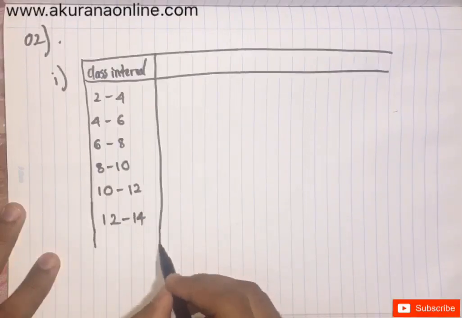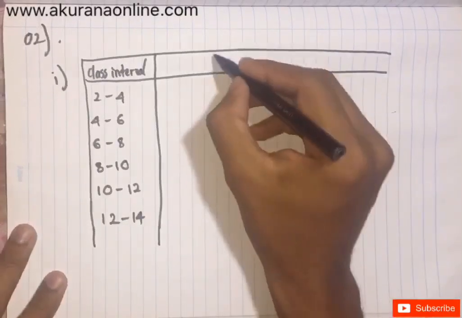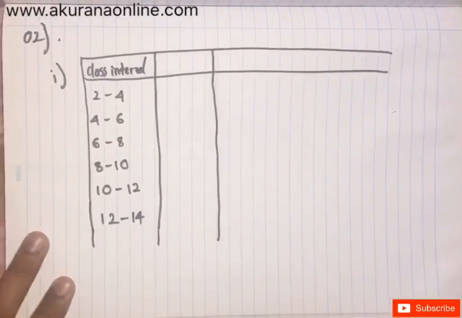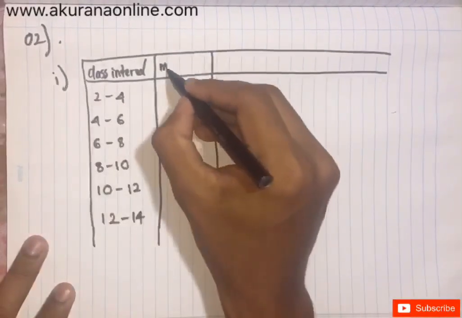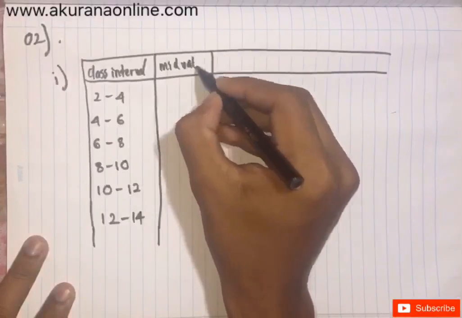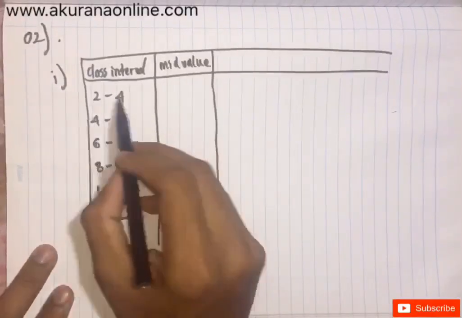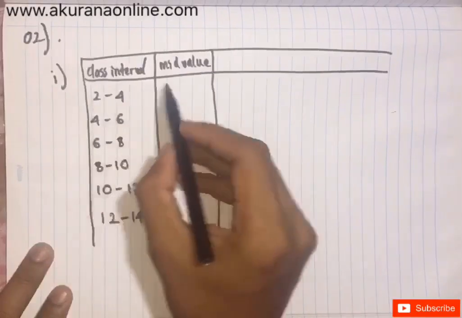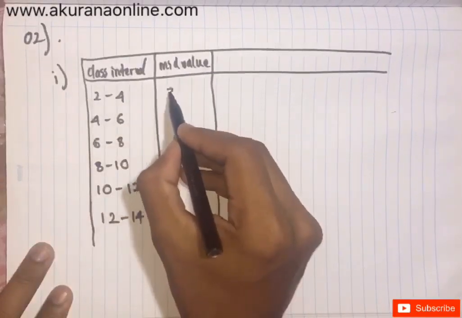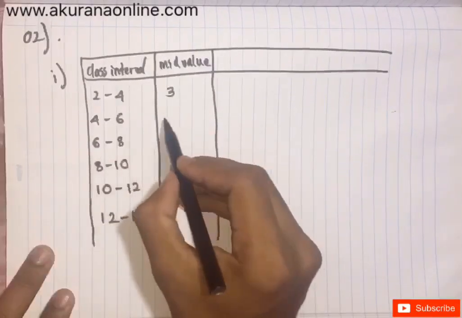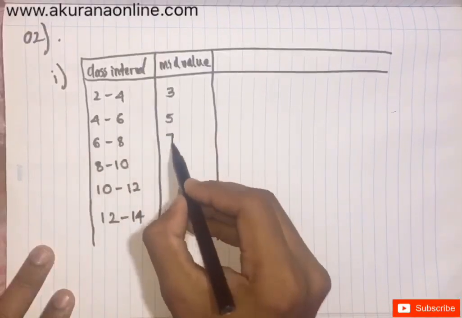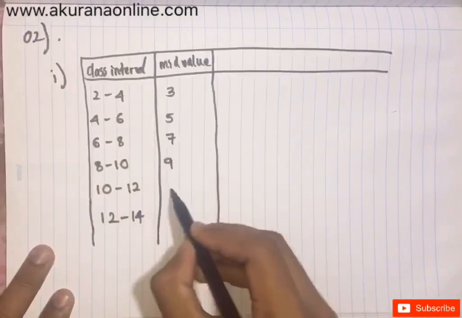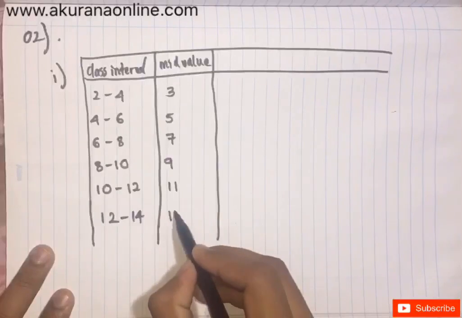These are the values given. And the next column, let us take the mid value of these two. How do we find the mid value? You have to add both and divide by 2. 4 plus 2 is 6, 6 divided by 2 is equal to 3. And then here you have 5, 7, 9, 11, and then 13.